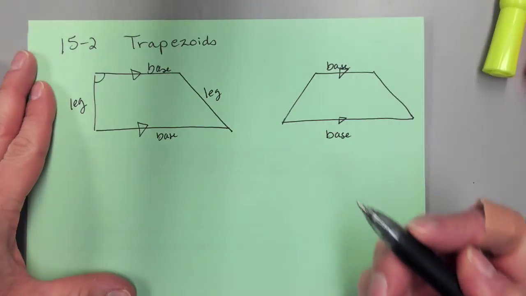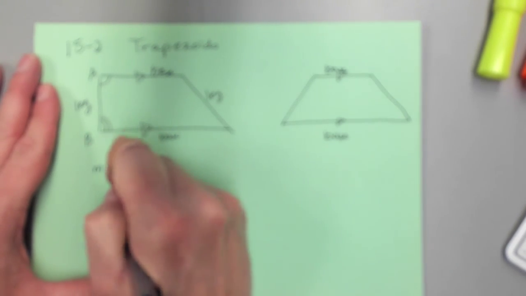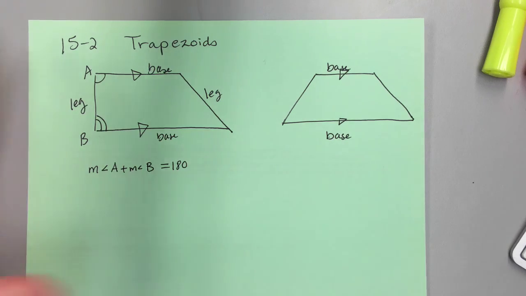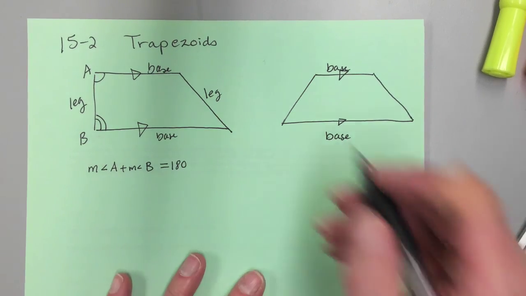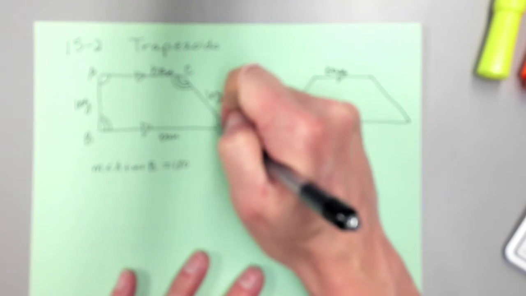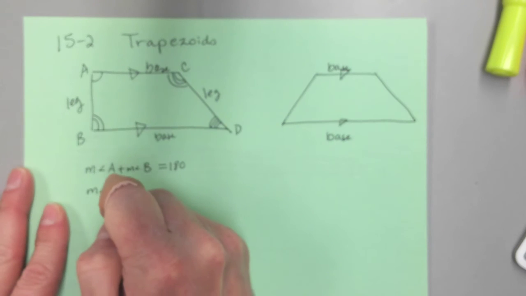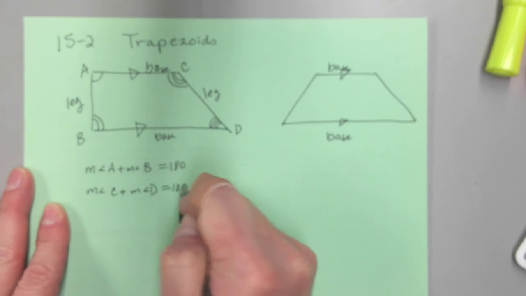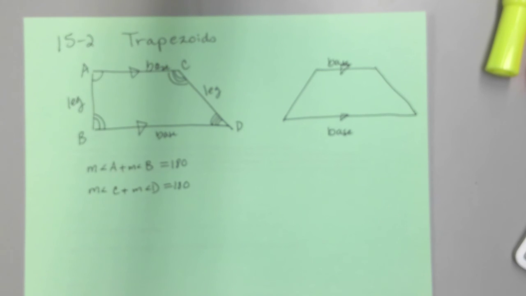So this angle up here on the top and this angle down here, I'm going to label A and B. If we take the measure of angle A plus the measure of angle B, they're supplementary. They're going to be 180 degrees. And then if I do the same thing for angle C and angle D, the measure of angle C plus the measure of angle D, those are also going to be supplementary.